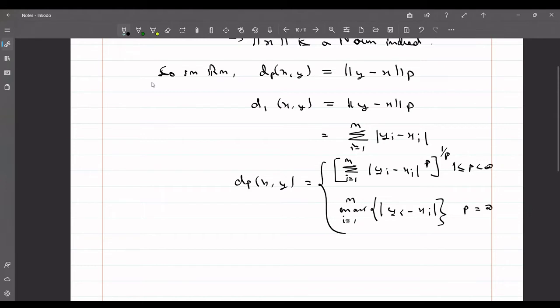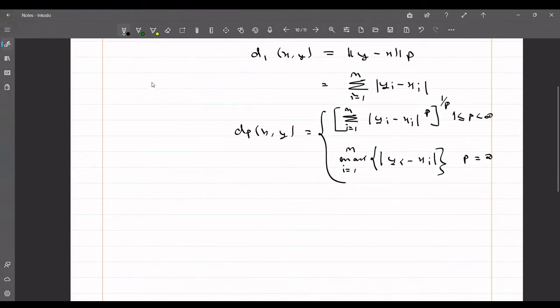If you put p equals 2, then you get the Euclidean metric. So d_2(x, y) will look like this: the square root of the summation i equals 1 to n of |y_i minus x_i| squared.